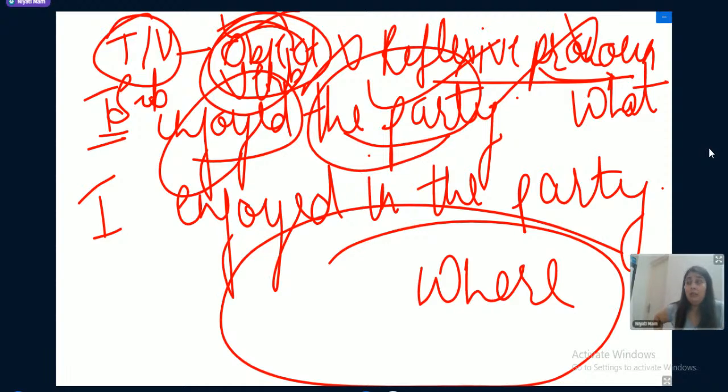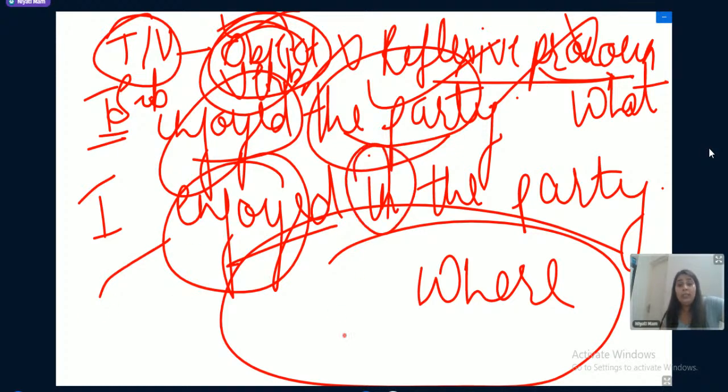Slangs means there are certain words which are not grammatically correct, but they are very famous in communication. So it is very usual to say, I enjoyed very much in the party, I enjoyed in the wedding, I enjoyed very much in the marriage, right? But this is wrong. I enjoyed in the party. Are you getting an object exactly after it? I is the subject, enjoy is the verb. You are getting a preposition. A preposition can never be an object.